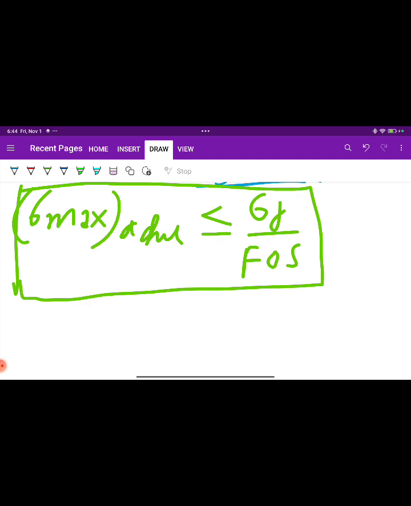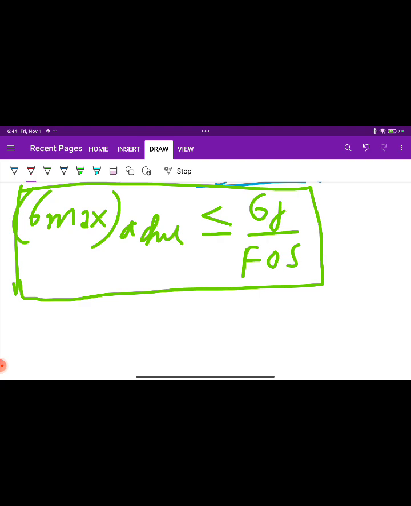Maximum stress is always less than or equal to failure stress upon factor of safety. And this theory of failure is suitable for brittle materials.